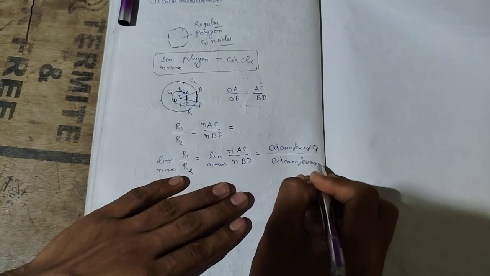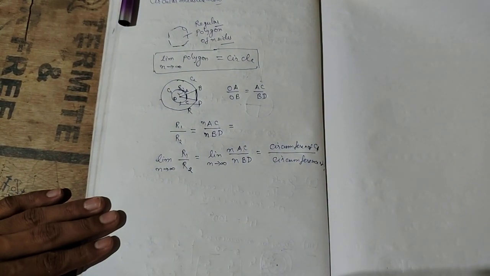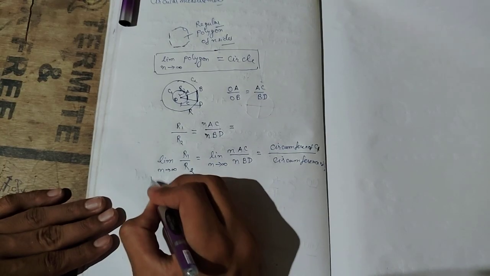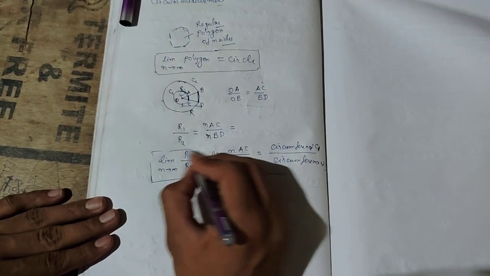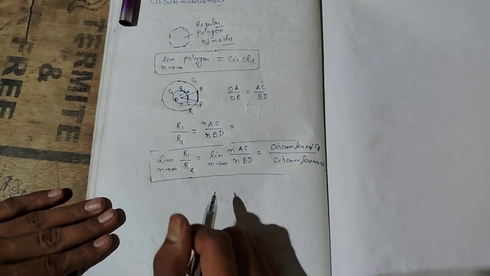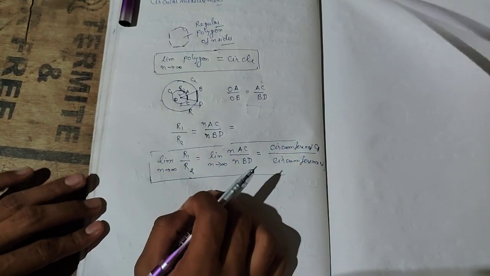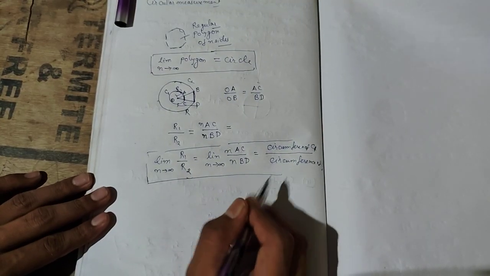We are not defining limits rigorously, we are using them just as intuition, so it is correct. We have just used the calculus notion of limit. So that's the circumference of C1 and that's the circumference of C2.